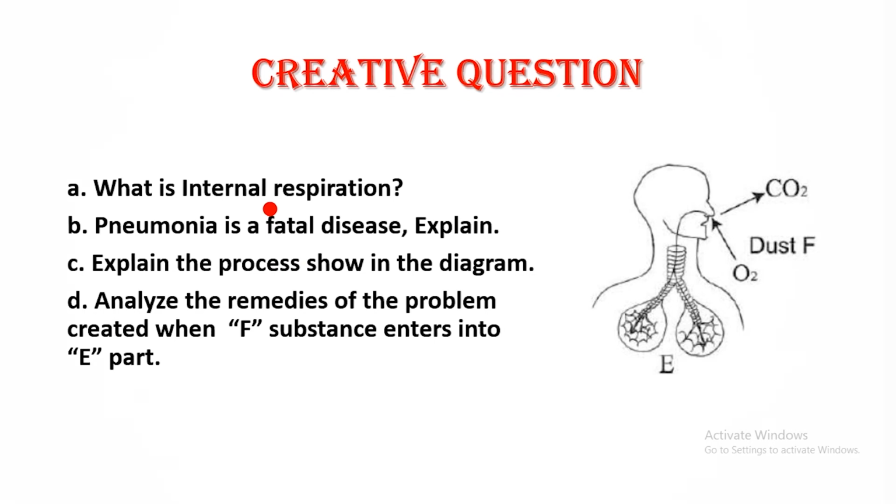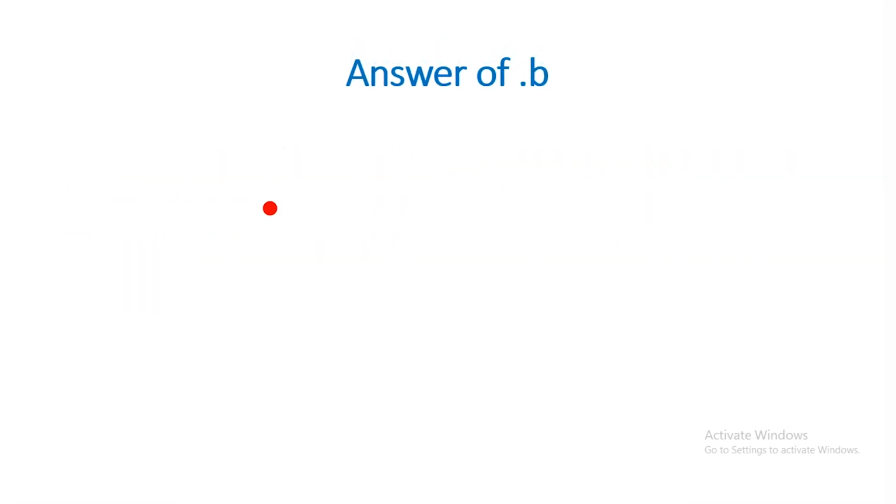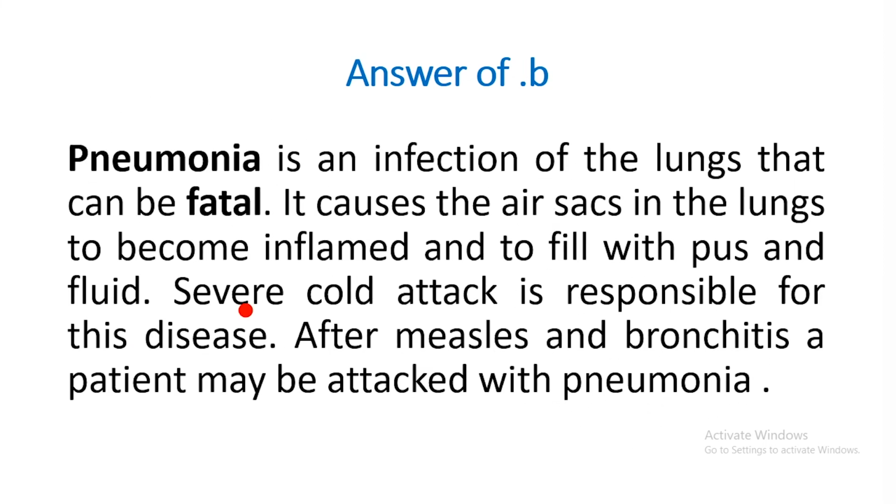So we have to answer as: pneumonia is an infection of the lungs that can be fatal. It causes the air sacs in the lungs to become inflamed and to fill with pus and fluid.